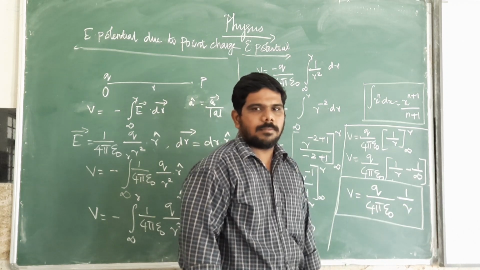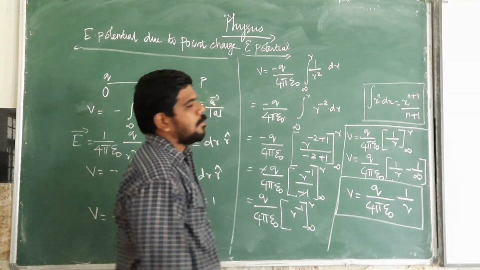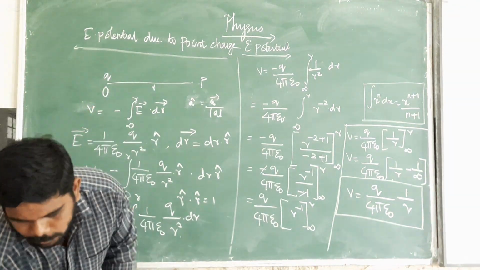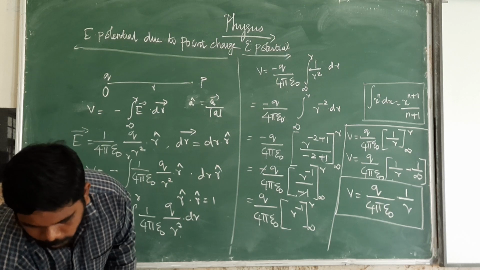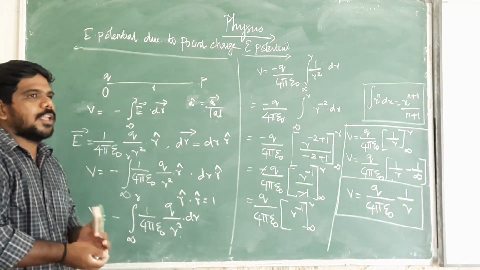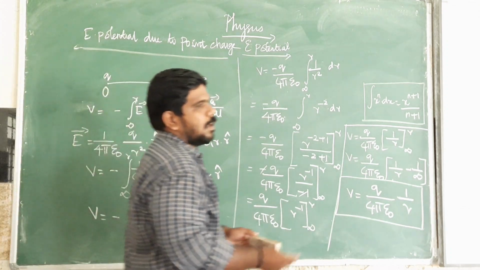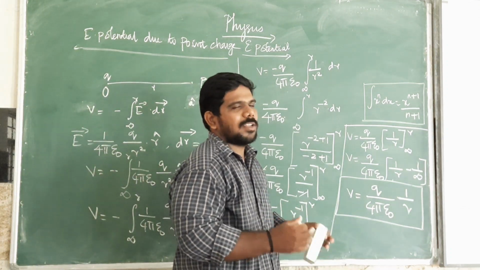Clear? Clear. So this will be one of our important questions: electric potential due to a point charge. In this, you have to remember 2 points. There are 5 important points, but from this you have to just remember 2 points.